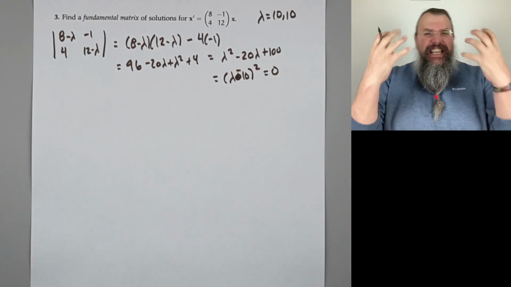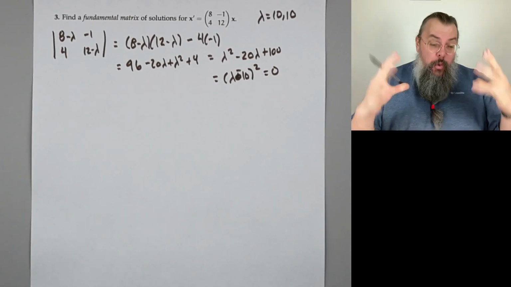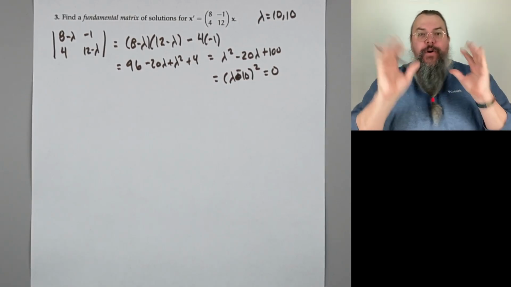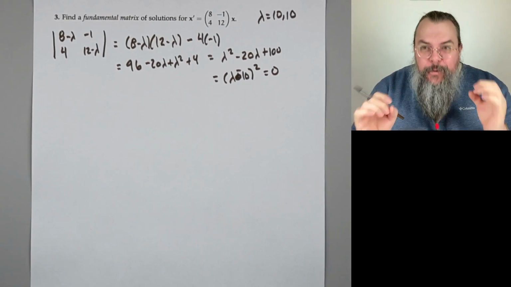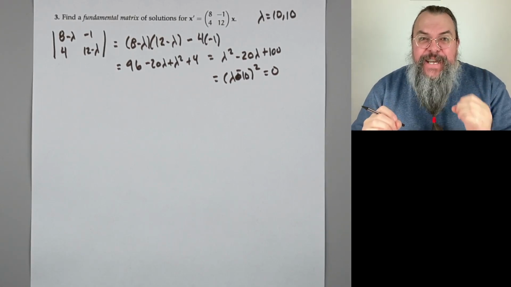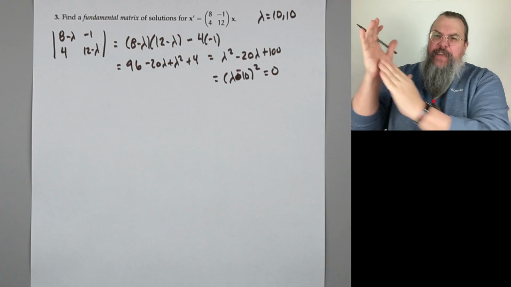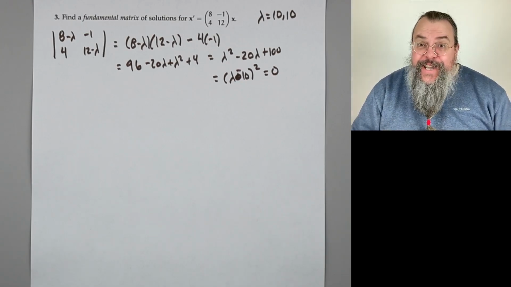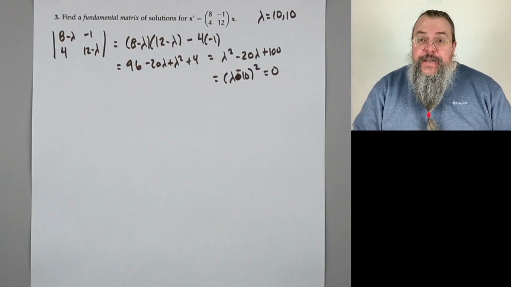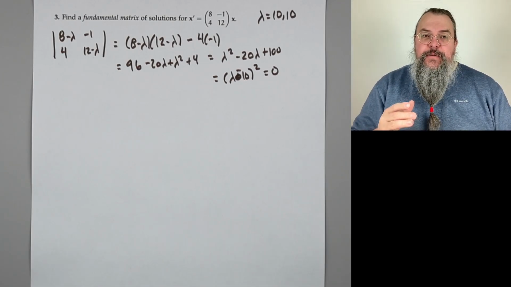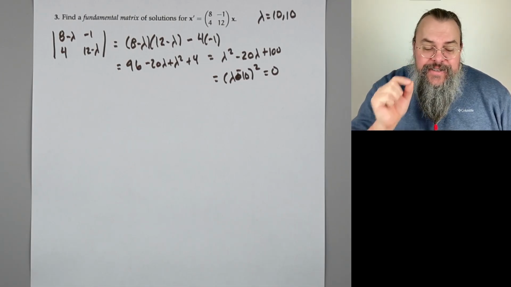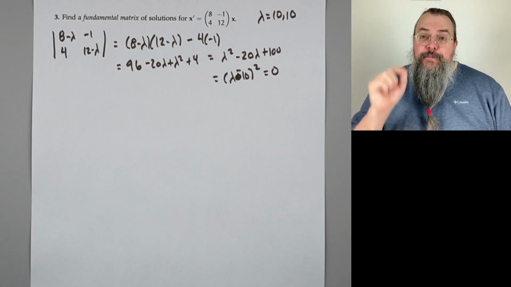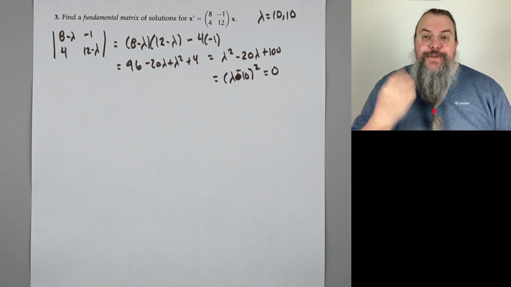This is awesome! Right? Because we are asked to find a fundamental matrix for repeated eigenvalues. And we're just like, high fives, everybody! Let's do this! Why are we so excited? Have we had too much coffee? Maybe, but probably because we're like, oh, it turns out that fundamental matrices for repeated eigenvalues are beautiful.